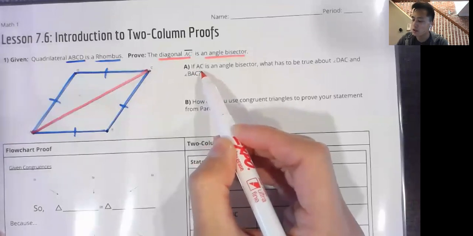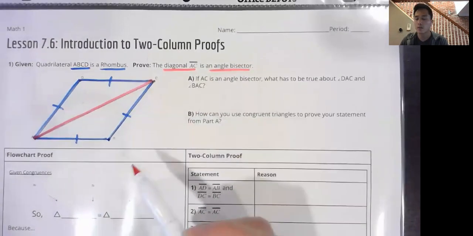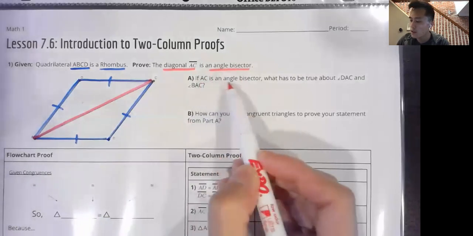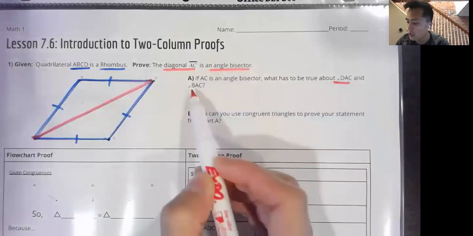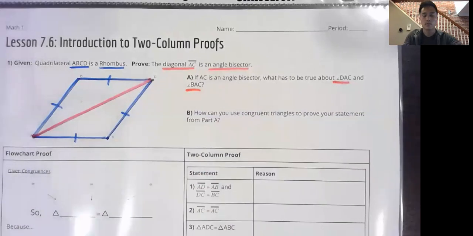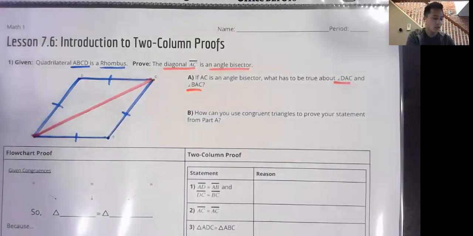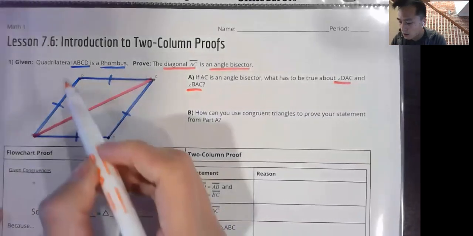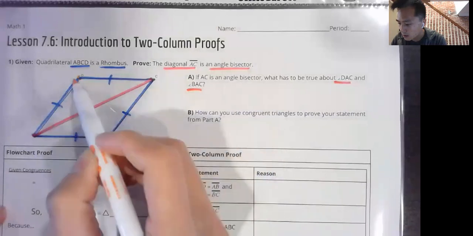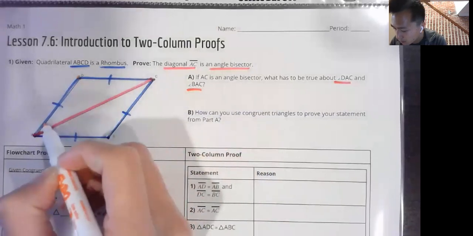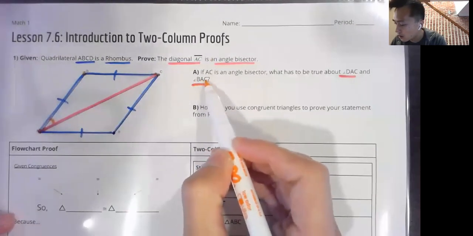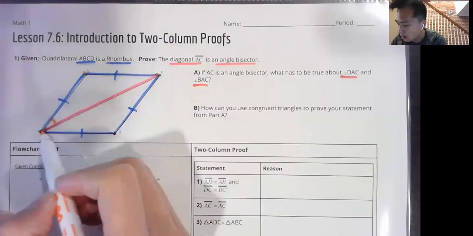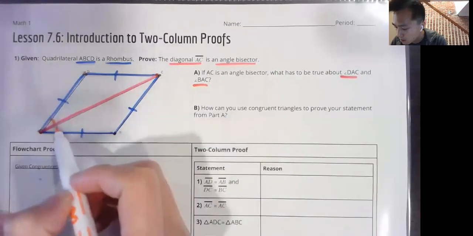Let's take a look at this question here. And these two questions are to help guide your thinking to set up your proof. If AC is an angle bisector, what has to be true about angle DAC and angle BAC? So angle DAC, D to A to C, that's this angle right here. Okay, and then angle BAC, so B to A to C, that's this angle right here.